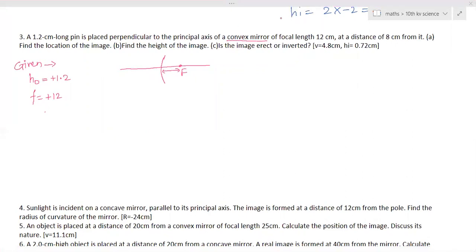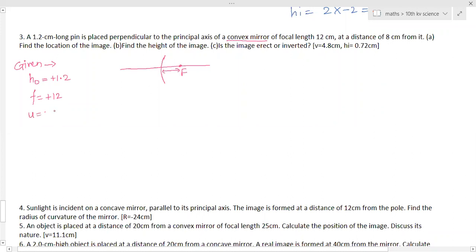Then, at a distance of 8 centimeter from it, the object is kept at 8 centimeter. So this means whose value is 8 centimeter? U. Wait everyone, I will ask you one by one. I need to check how many students got to know this. U is the object distance.